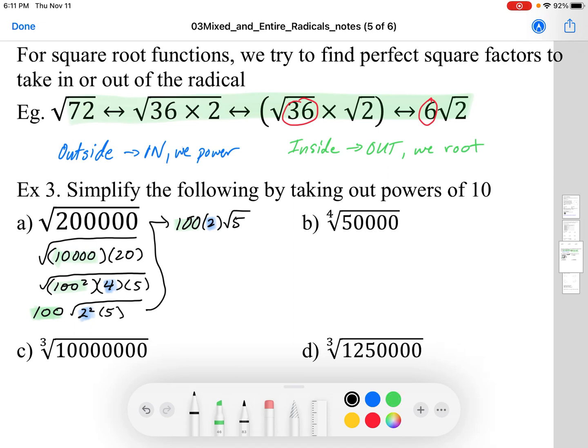So looking at 50,000, now we have to look for perfect powers of 4. In this case, we can write 10,000 as 10 to the power 4, and then we have times 5. Maybe I'll do this in a couple steps.